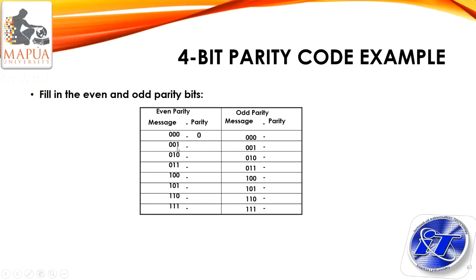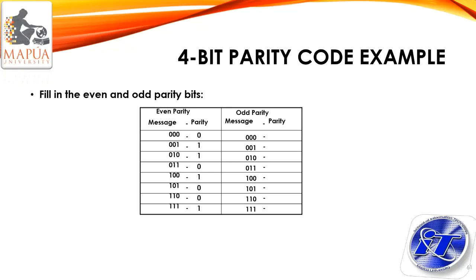For 0, 0, 1, we have one 1, so we need to make it even, so the parity bit is 1. 0, 1, 0 is odd, so we need to make it even, so the parity bit is 1. 0, 1, 1 is already even, so the parity bit is 0. 1, 0, 0, the parity bit should be 1 to make it even. 1, 0, 1 is already even, therefore the parity bit is 0. 1, 1, 0 is still even, so the parity bit is 0. 1, 1, 1 is odd, to make it even the parity bit is 1. So that's how the parity bit works.